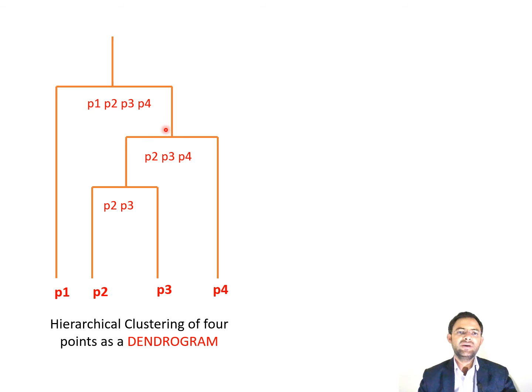Thus, we have here a final group of all points, all attributes and all traits in a single cluster that is referred to as the P1, P2, P3 and P4 group. Now, this is the hierarchical clustering of 4 points, shown as a tree-like diagram known as the dendrogram.